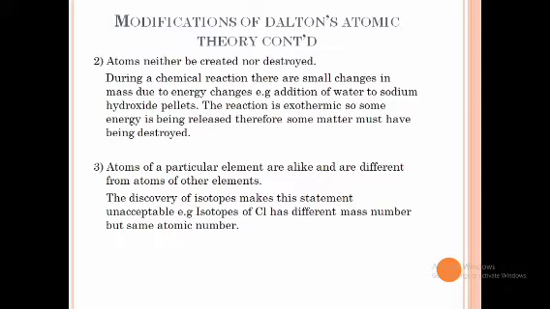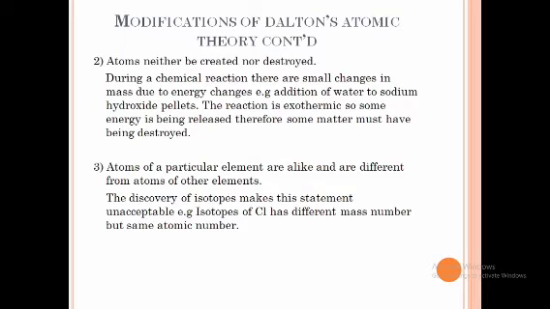What are isotopes, or what is the phenomenon called isotopy? Now, isotopy is a phenomenon whereby atoms of the same element possess the same atomic number but different mass number. And we see the case in atoms like chlorine, oxygen, and some other compounds like that.